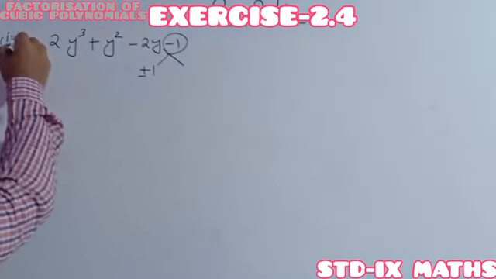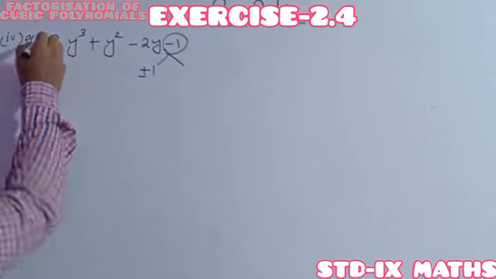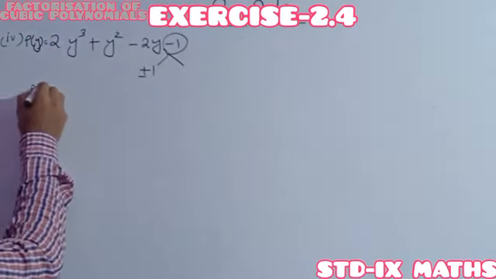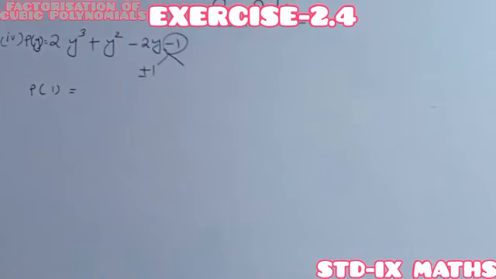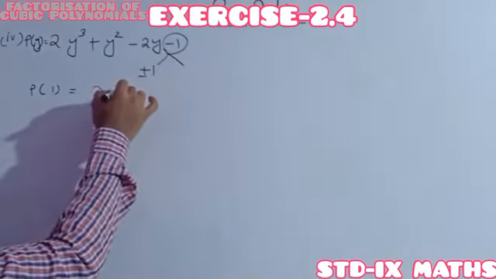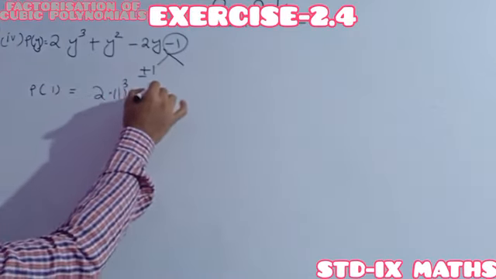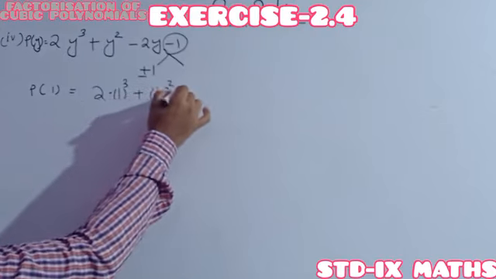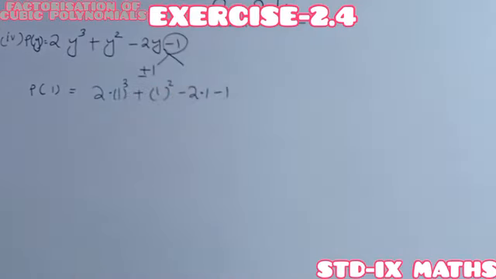So here this is our polynomial P(y). First we have to check P(1), how much it will be. Actually we are doing it by the shortcut method. P(1) means 2 into 1 cube plus 1 square minus 2 into 1 minus 1.